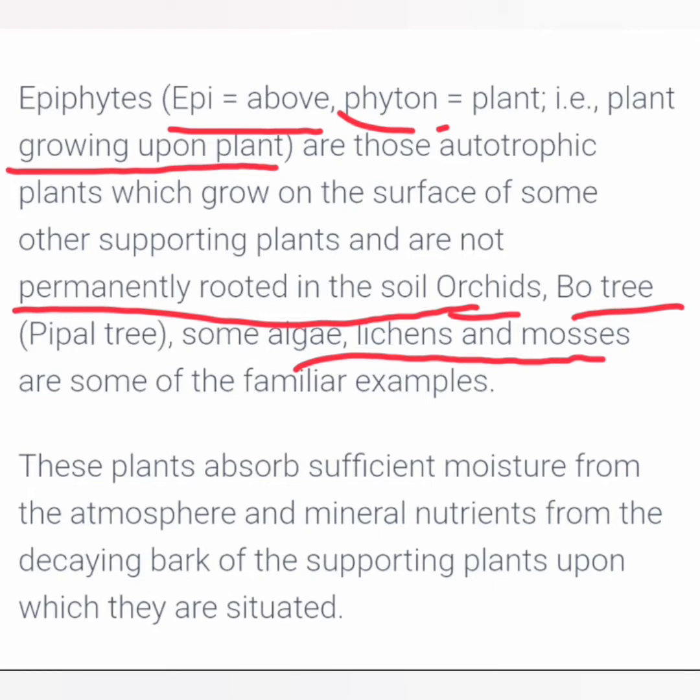But remember one thing, these epiphytes do not depend on their support. They do not depend on the supporting plants on which they are growing. In fact, they make their own food.